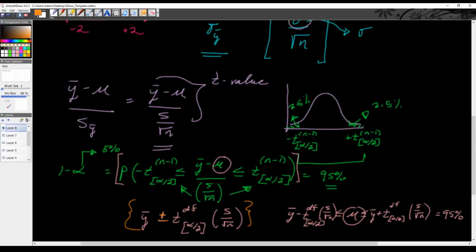So again, just going through the notes, it says that the proportion of confidence intervals containing the population mean mu, in the population of all possible 95% confidence intervals for mu, is equal to 1 minus alpha, or 0.95. So basically, 95% of all confidence intervals that we estimate will contain the population value mu, which is neat.